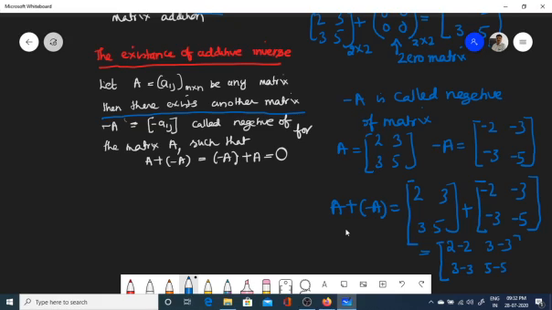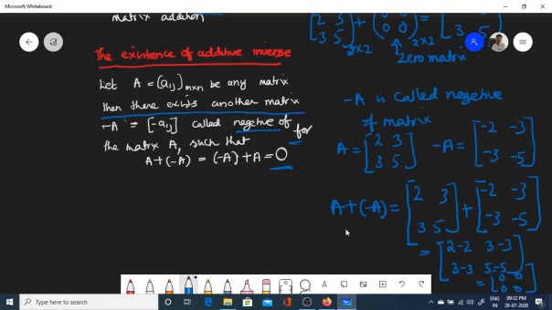So we are getting 0 0 0 0. That means we are getting the zero matrix. So if A is equal to Aij is a matrix of order m by n, then there exists another matrix minus A, that is minus Aij of the same order, called the negative of the matrix, such that A plus minus A is equal to minus A plus A, which is the zero matrix.